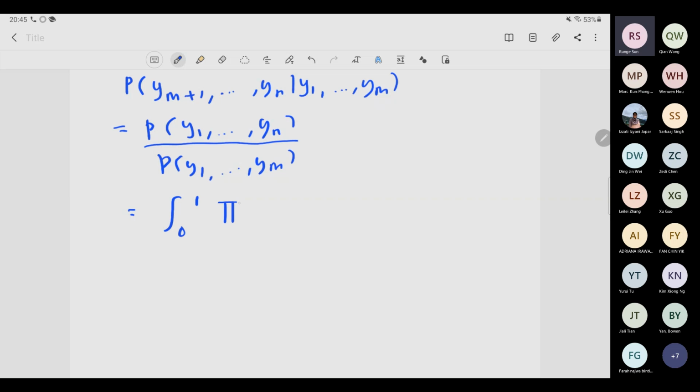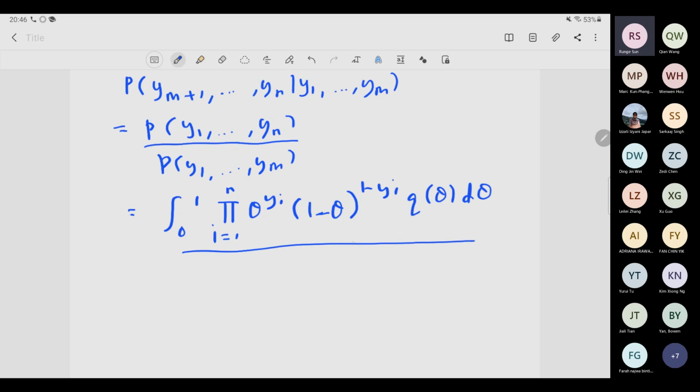Then the bottom part you just leave as it is.